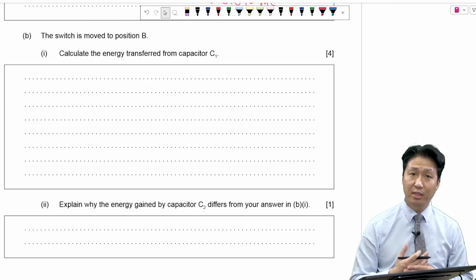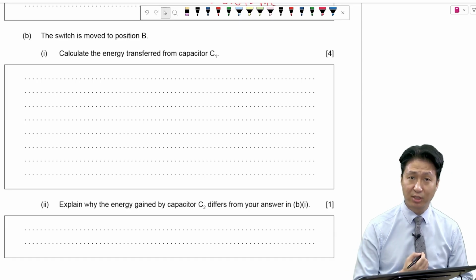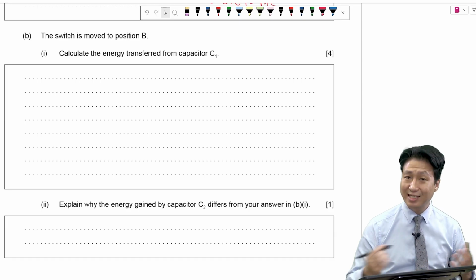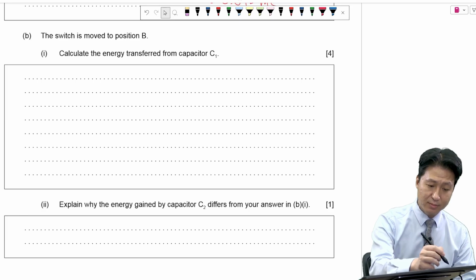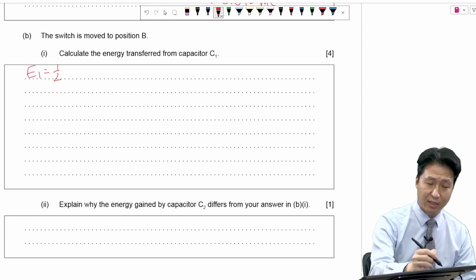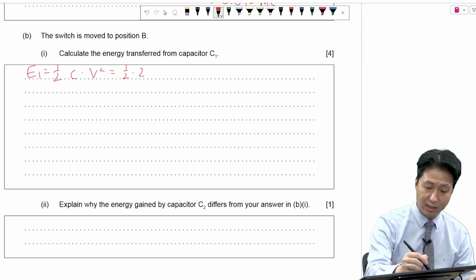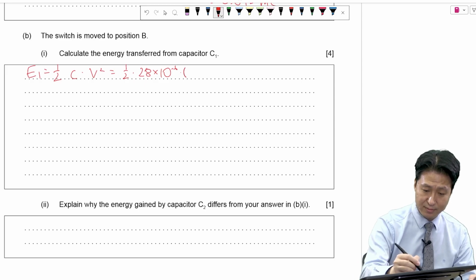For part B of this question, it says that the switch is moved to position B. 1. Calculate the energy transfer from capacitor C1. First, let's calculate the initial energy of C1. So the energy initially will be 1/2 times the capacitance times the voltage squared, which would be 1/2 times 28 microfarads, that's 28 times 10 to the negative 6, times 1.5 squared.